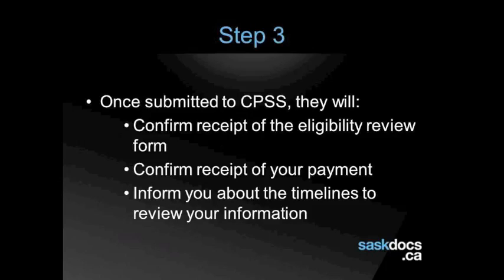Once you submit that, they will send you an email saying that they are in receipt of your eligibility review, and they will confirm that you have paid the fee, and then they will start to review your documents, and they will inform you of the timelines that it will take to review.